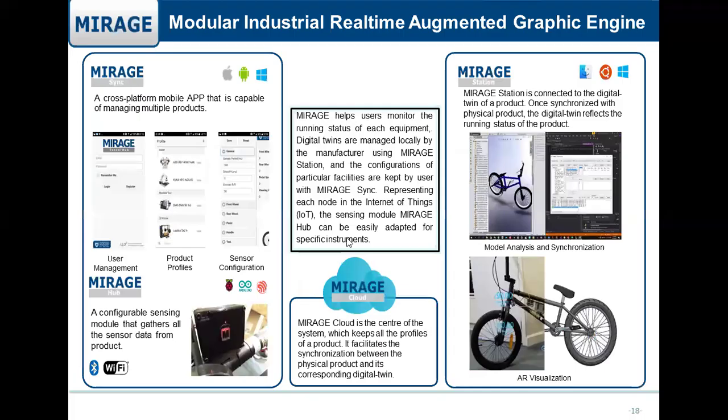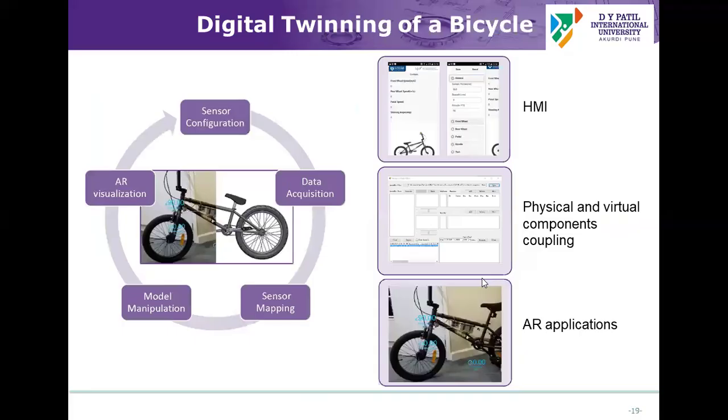Just as an example of graphics, here we are doing this for bicycle development. Based on the requirement, how the bicycle was developed, and by using model analysis, how it is tested. They have just given one example here. A modular industry real-time augmented graphic engine is designed for this bicycle purpose.